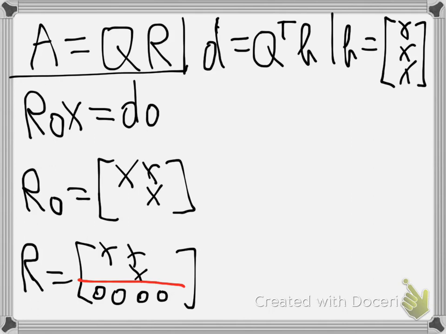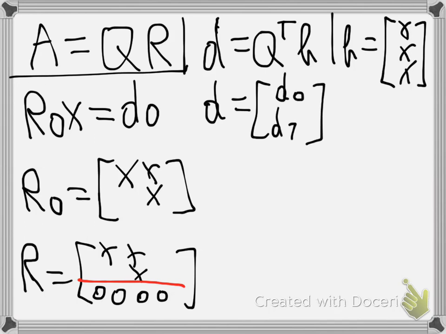And by D0, remember that D is equal to D0, D1. D0 is, if from R you cut the last row, then from D you will also cut the last row. The goal is to have the same number of rows in D0 as in R0.